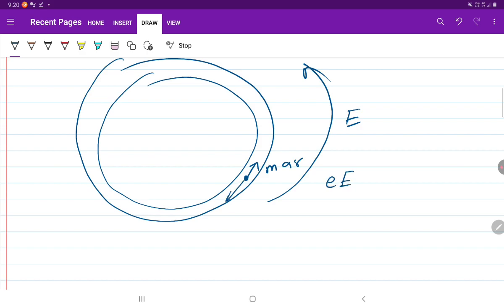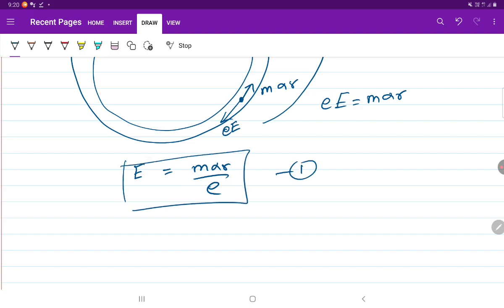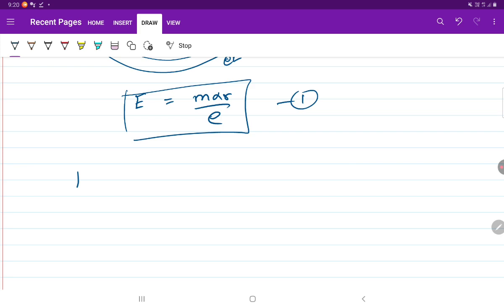So e times E, that is the force acting on the electron due to the electric field, will be equal to m alpha r. Hence the electric field generated in the wire will be E = m alpha r by e. This is equation 1. We know the current density J is given as E by rho, so I can write it as m alpha r by rho e.